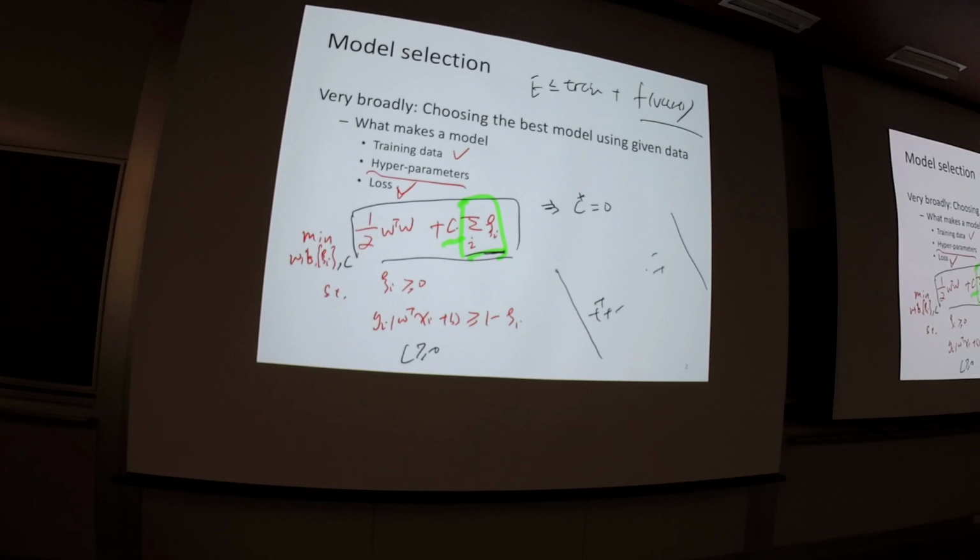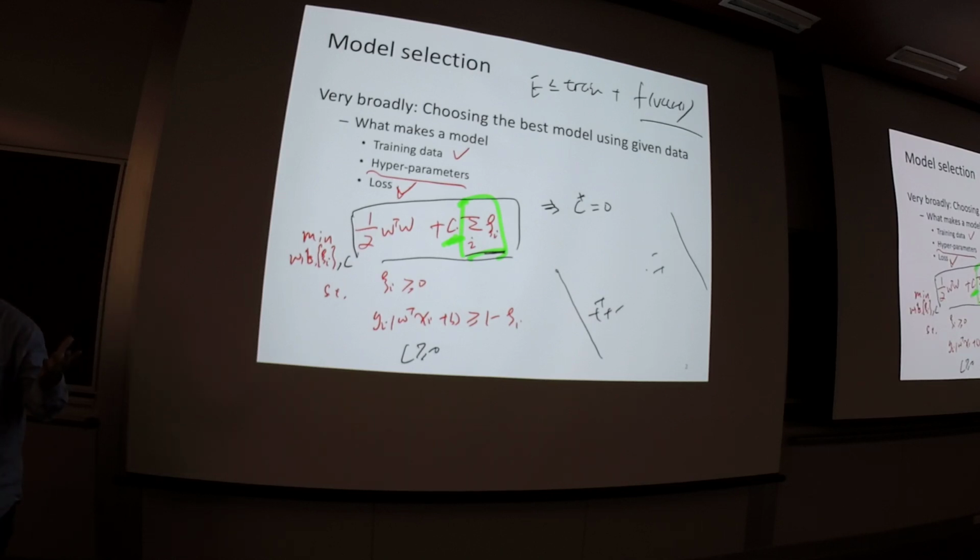So it's important. But the problem is that right now, if we intentionally optimize C in this optimization problem, no matter what case, the optimal C is just 0.